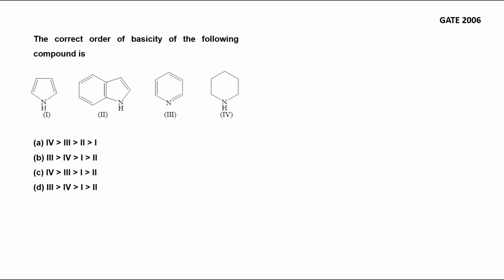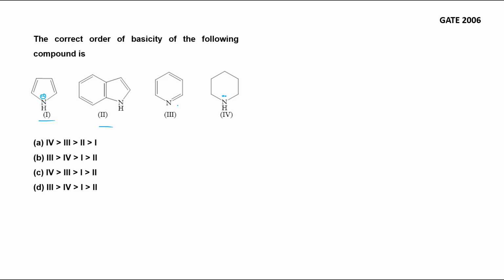Correct order of basicity. So this is directly asking about basicity. And here, see, in the first three molecules, the lone pair availability is lesser compared to 4, because only in case of 4 the lone pair is readily available compared to the other 3. This is in an sp3 hybrid orbital.